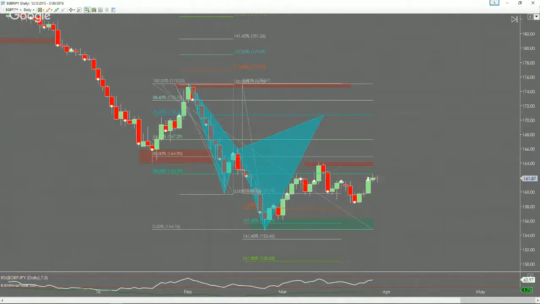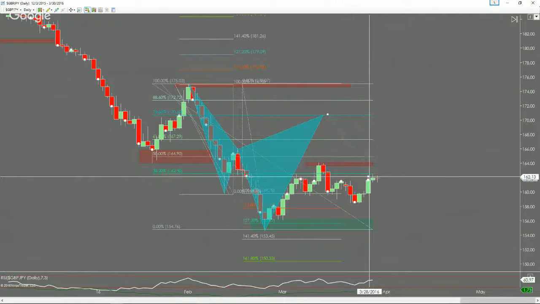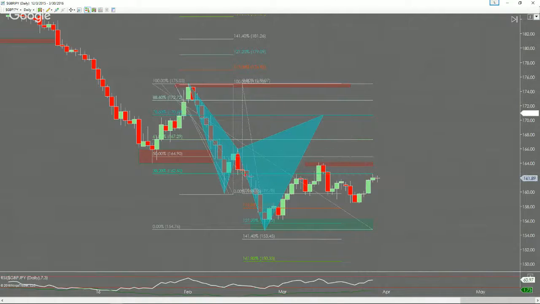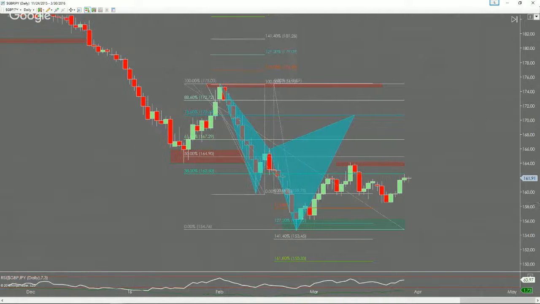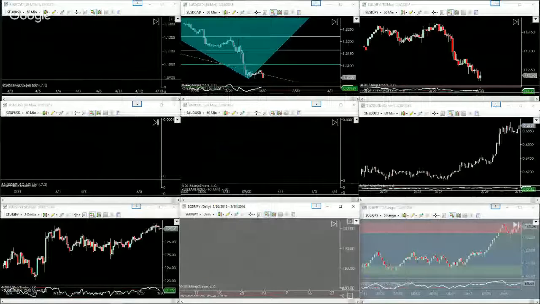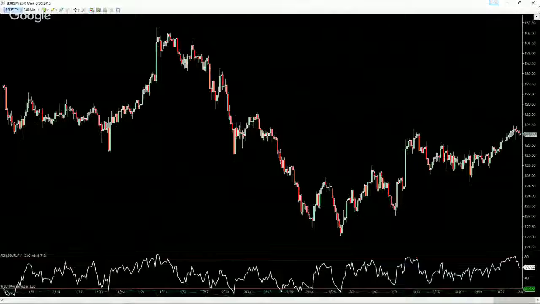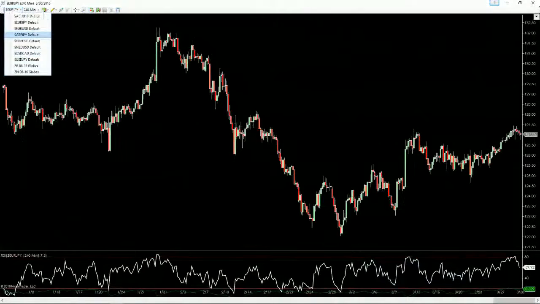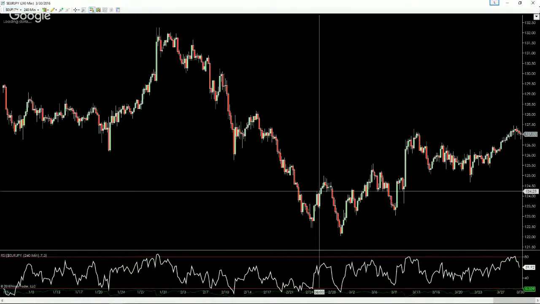Price is still ways away, about 800 pips, almost 900 pips to the entry of that pattern. But it's still not invalidated, so that's still up there.